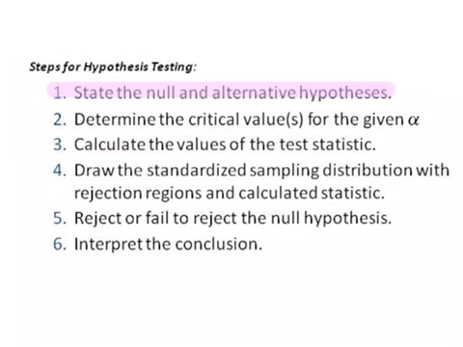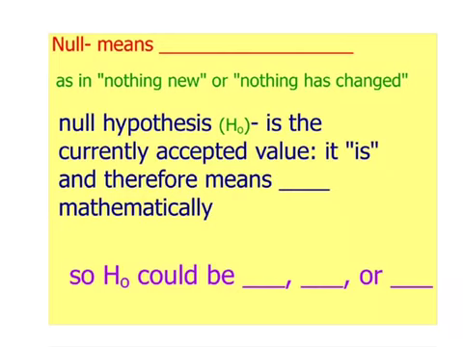So let's think more specifically about the null, the H0 hypothesis, and the alternative, known as HA, or it could also be called H1. In short, the null means nothing, but more specific, as in nothing new or nothing has changed.